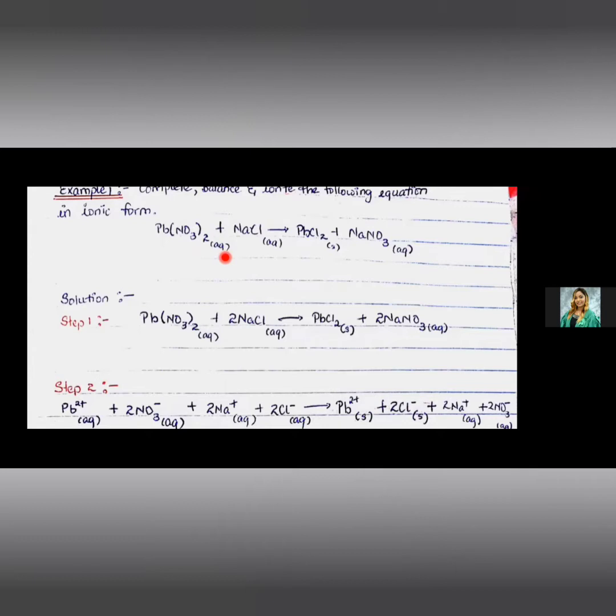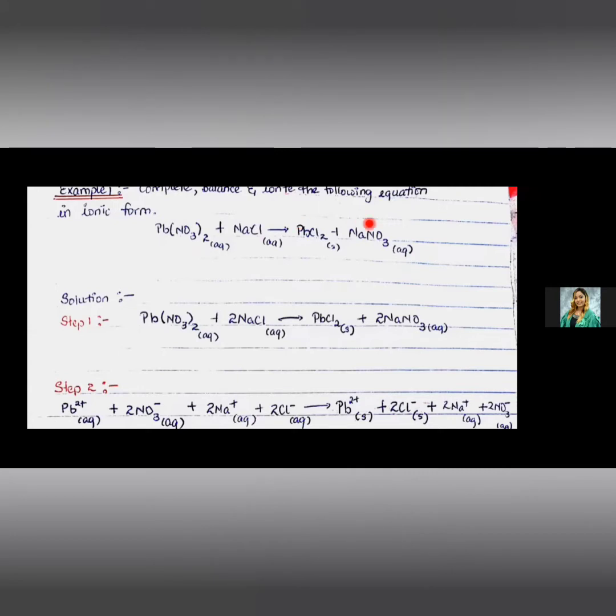So that is a liquid. Added on to NaCl, which is also an aqueous solution. So it's 2 mixtures that you're adding to give me PbCl2, which is a solid, S is solid, and NaNO3, which is the aqueous solution. So we have a salt here being formed and an aqueous solution here.